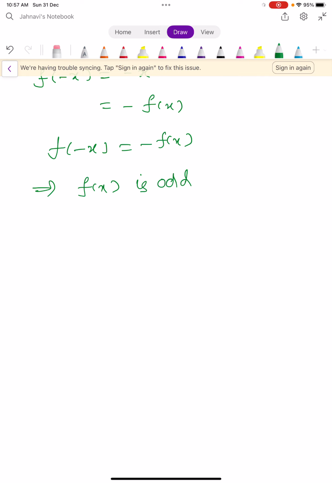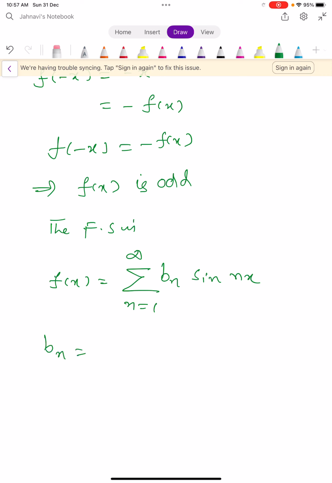In such a case, the Fourier series is given by f of x is equal to summation n is equal to 1 to infinity bn sin nx, where this bn is equal to 2 by pi integral 0 to pi f of x sin nx dx.